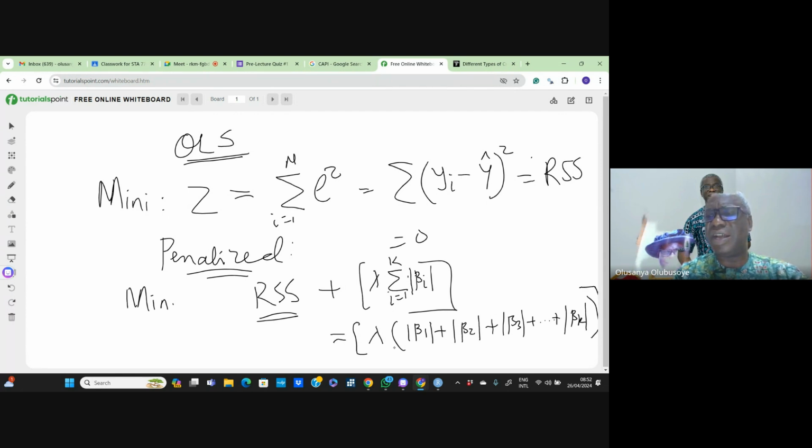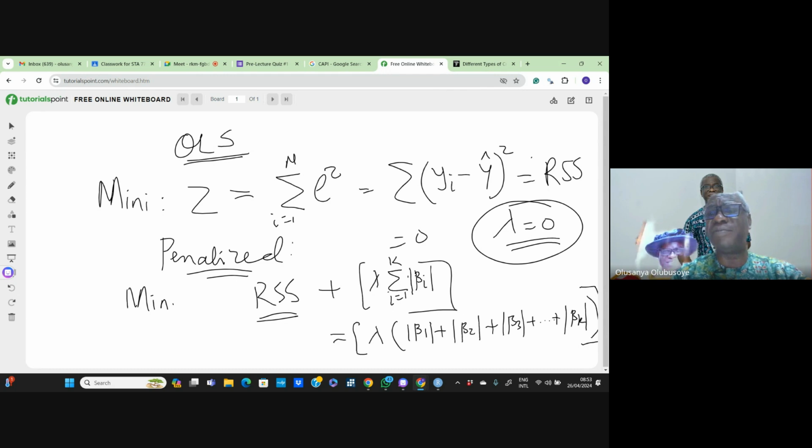So if lambda equals 0, then everything in this bracket, which is the sum, will equal 0. It means there's no penalty.